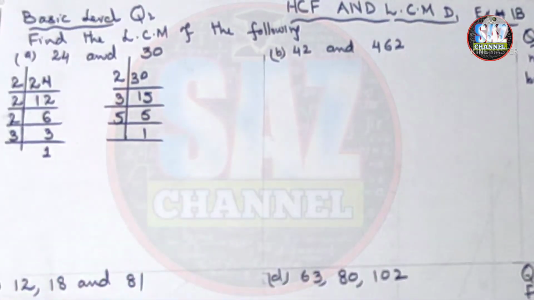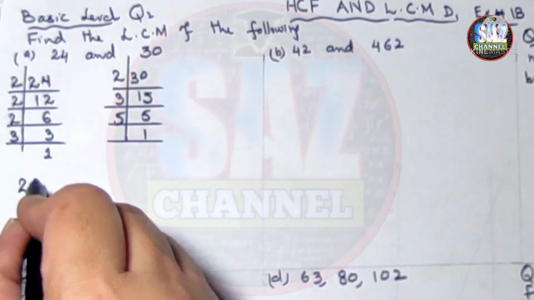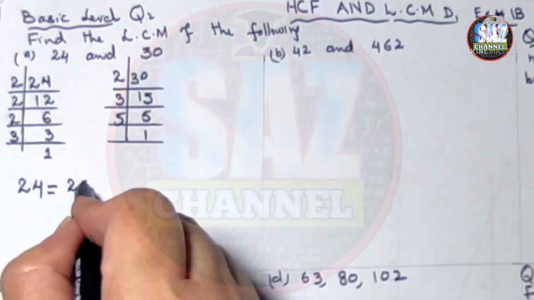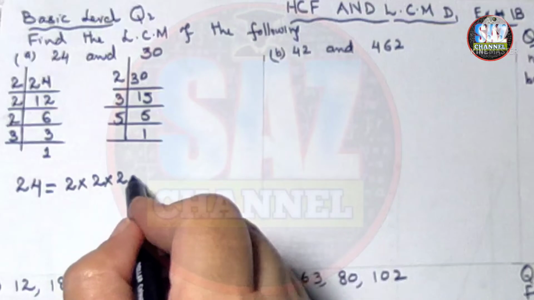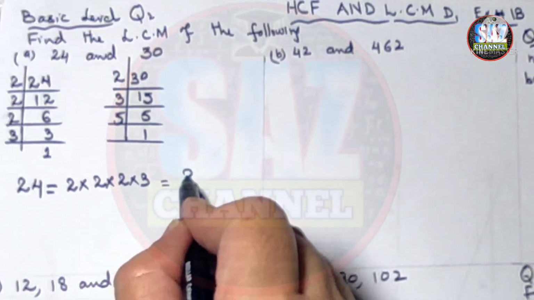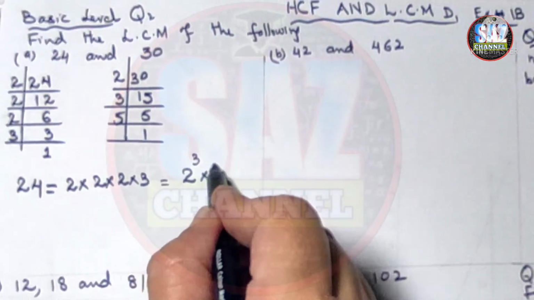Now what we have to do is write the given numbers as the product of their prime factors, and this time we'll be writing them in index notation as well. 24 is 2 times 2 times 2 times 3, and this can be written as 2 raised to the power of 3 multiplied by 3.